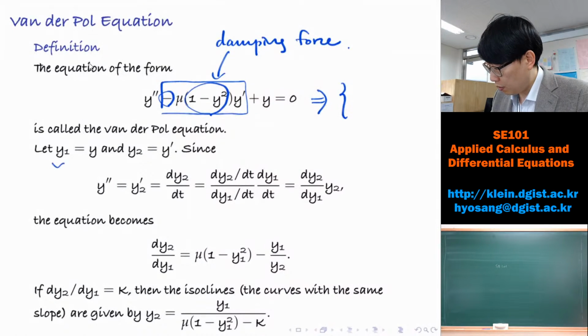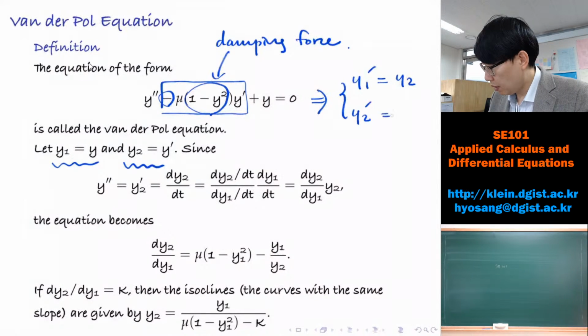If you set y1 equals y and y2 equals y prime, then y1 prime, which is y prime, equals y2, and y2 prime, which equals y double prime, equals mu times (1 minus y1 squared) y2 minus y1, and so on. Okay, so I'm not going to write it all down here.